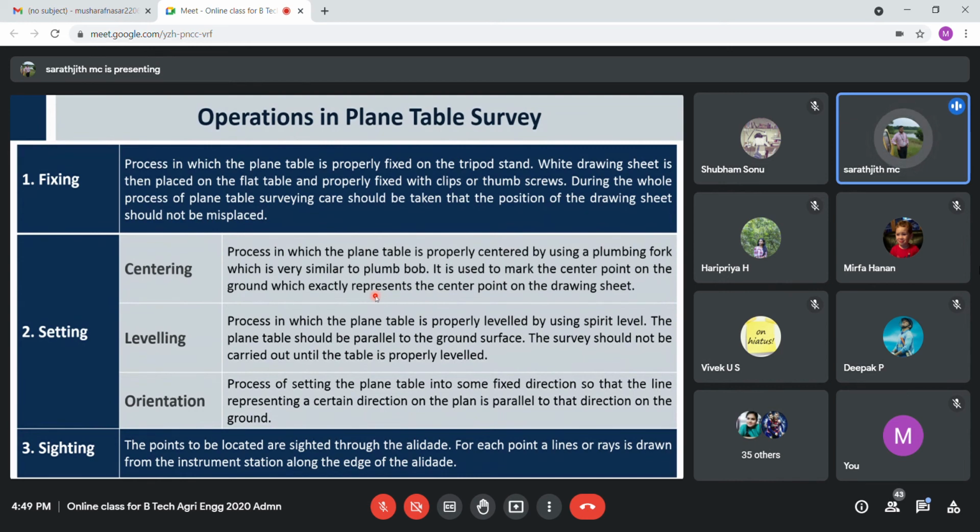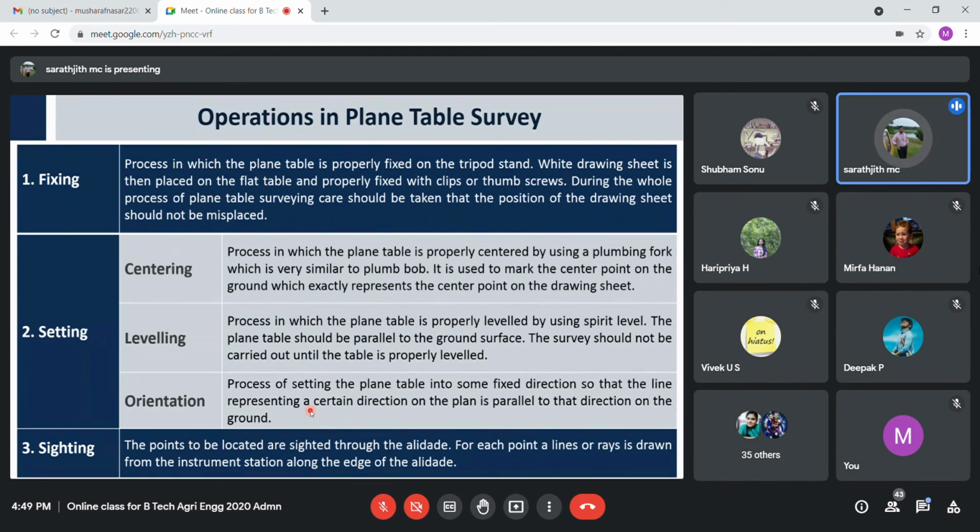It is a process of setting the plain table into some fixed direction so that the line representing a certain direction on the plan is parallel to that direction on the ground. This orientation is mainly done to ensure the parallelism principle, because you want to ensure that the points which you are joining on the sheet should be parallel to the same points on the ground.